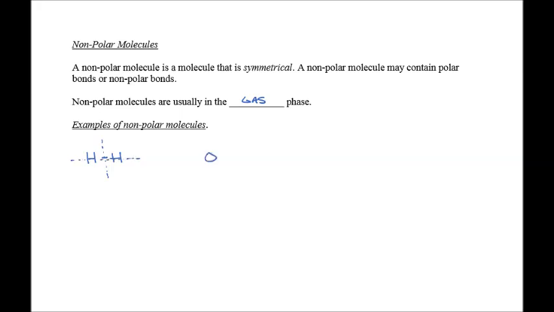So oxygen with its double bond. And again, we're just looking at the general symmetry, not how the electrons look. Nitrogen, again, another diatomic with a triple bond.